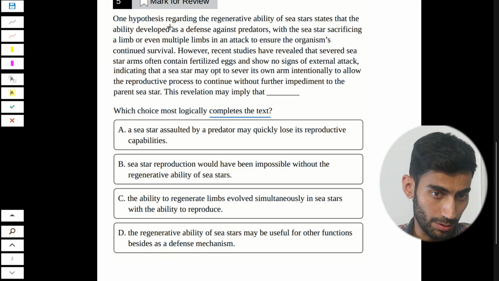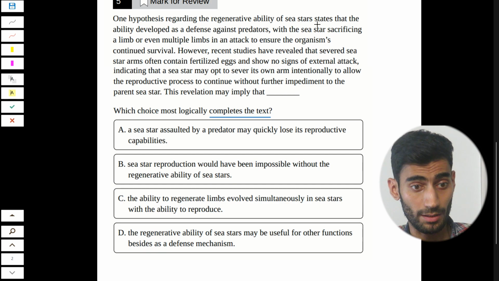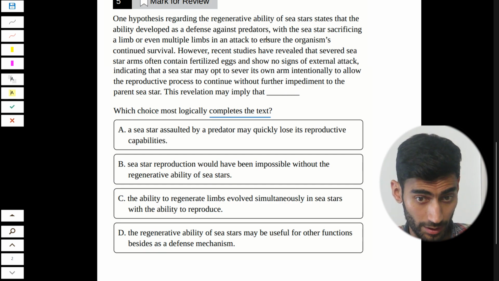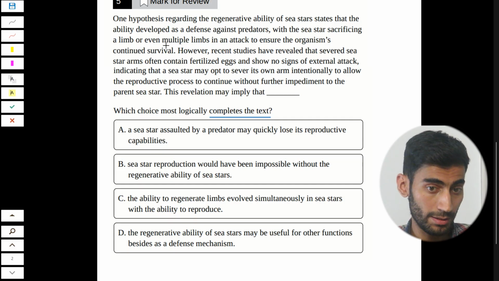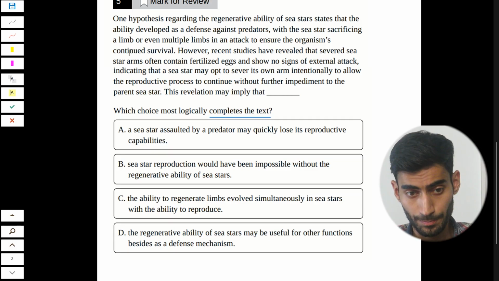One hypothesis regarding the regenerative ability of sea stars states that the ability developed as a defense against predators, with the sea star sacrificing a limb or even multiple limbs in an attack to ensure the organism's continued survival.